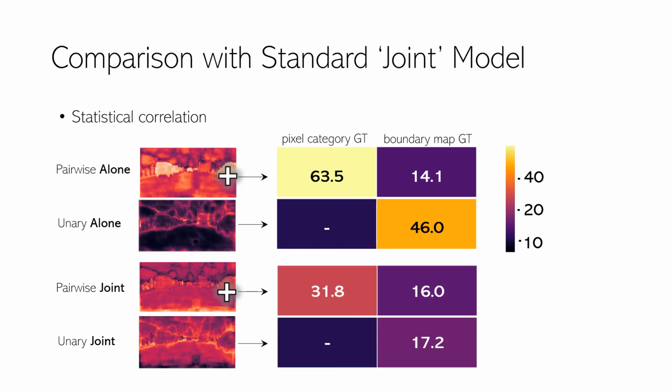This is also evidenced by the statistical correlation with ground truth. The correlation numbers are much smaller than those learned alone. This result also indicates that the learning of visual meanings by a joint model is worse than that by the alone models.